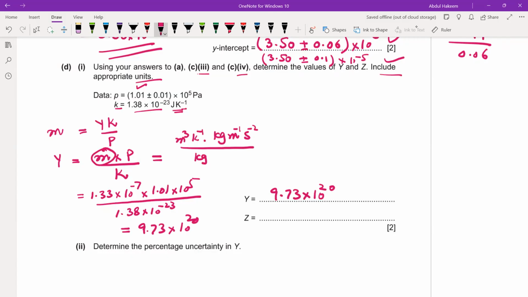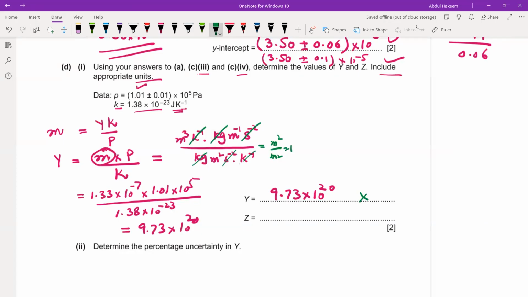So joule is kilogram, meter square, second power minus 2, and times Kelvin power minus 1. Now this kg cancels with kg, second square cancels with second square, Kelvin power minus 1 cancels with Kelvin power minus 1. This meter power 3, meter power minus 1, it is meter square over again meter square. So there is no unit for y.